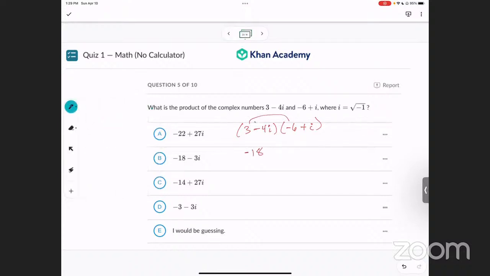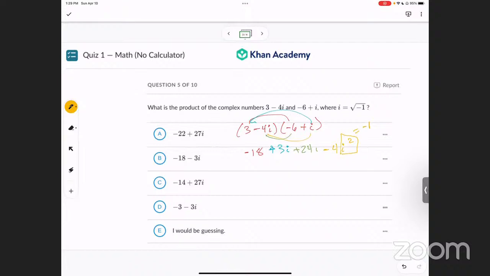I'll color code it for you. Positive 3i. Positive 24i. Negative 4i squared. But now we have i squared. And you remember how i squared equals negative 1? You don't remember that?